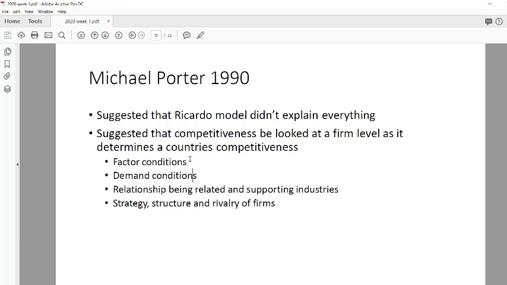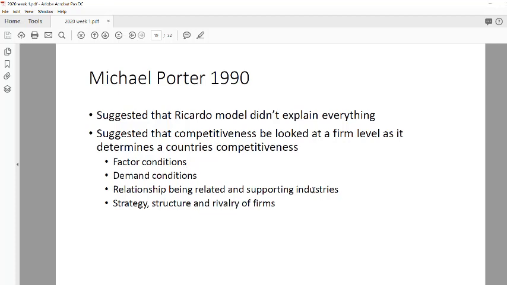It doesn't discuss resources in a sense. Then he says it does not discuss anything about demand conditions. It doesn't discuss what the preferences of buyers in that country are, in a sense. Then he said it didn't discuss any relationship between supporting industries.